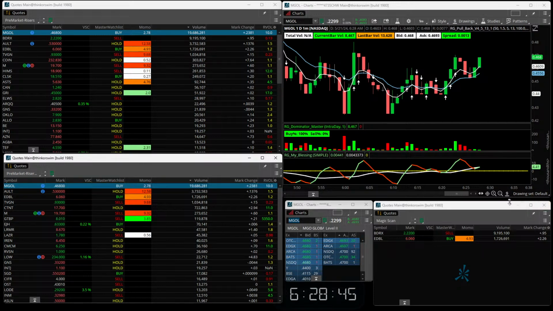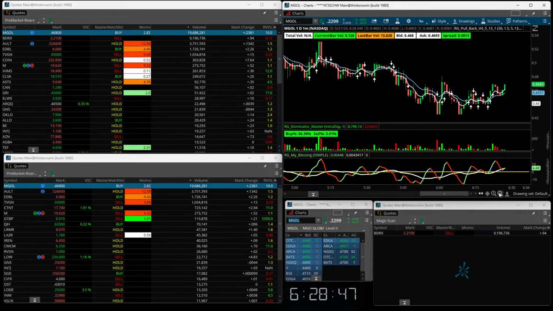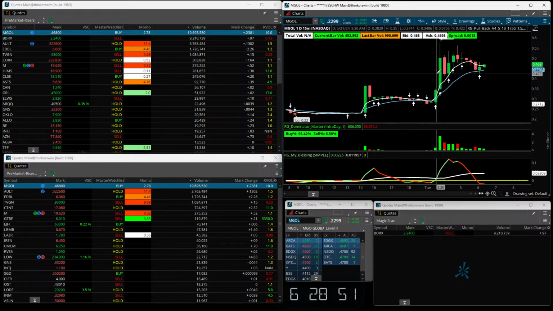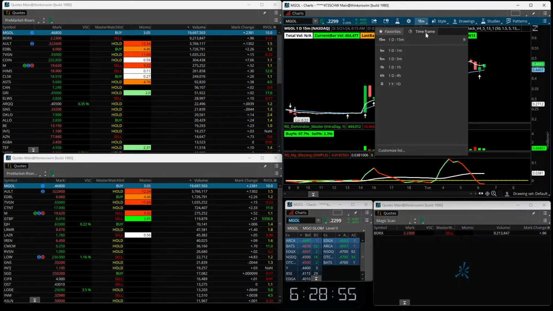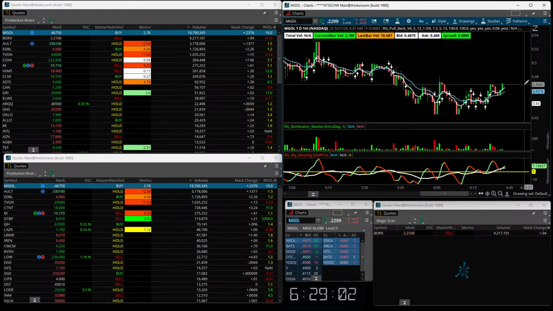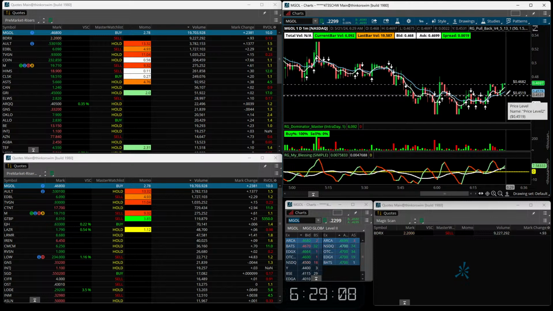MGOL. I think we looked at this one on the 15-minute chart, and it was pulling around. Possibility. We did have somewhat of a pullback right here, but it's already beyond the pullback level.